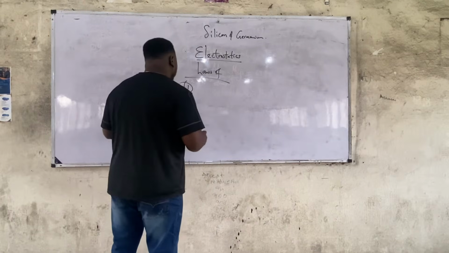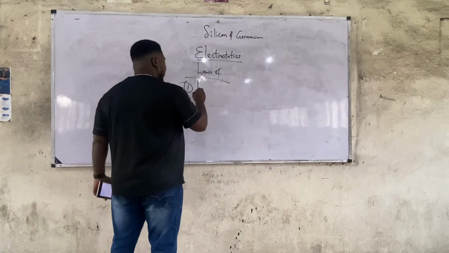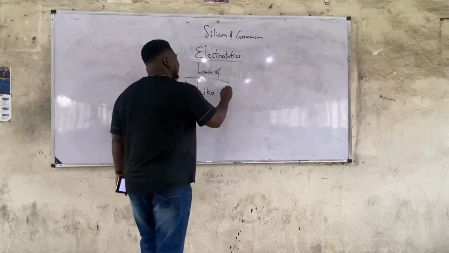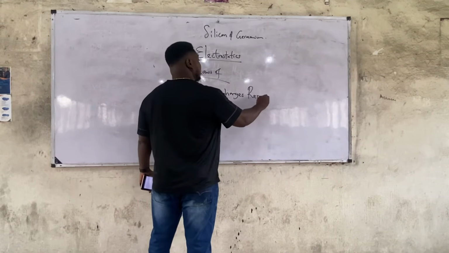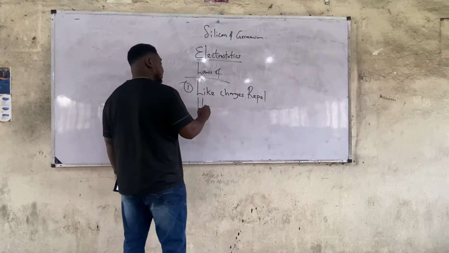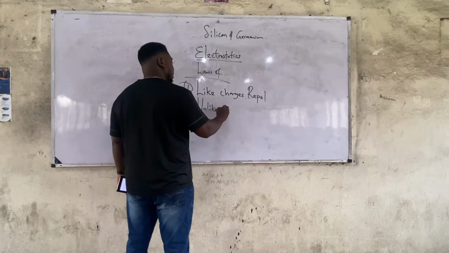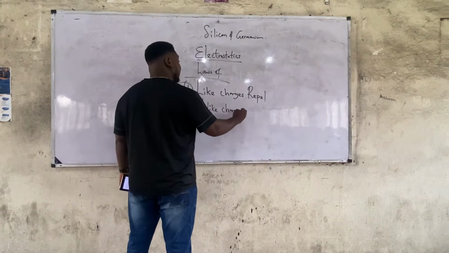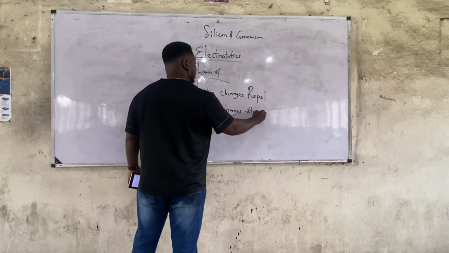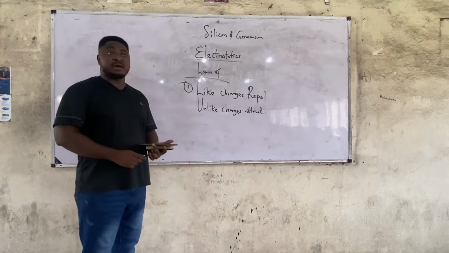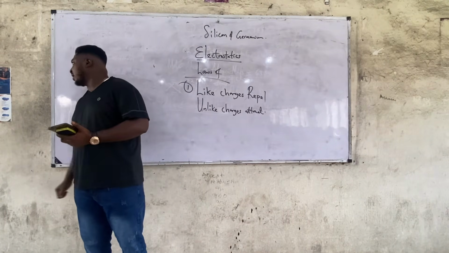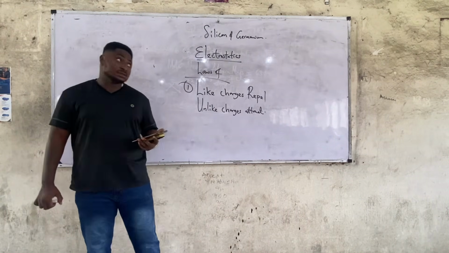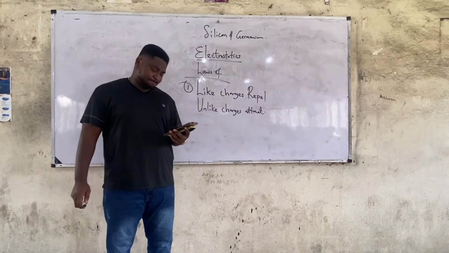The first and ultimate law of electrostatics is that like charges repel, unlike charges attract.